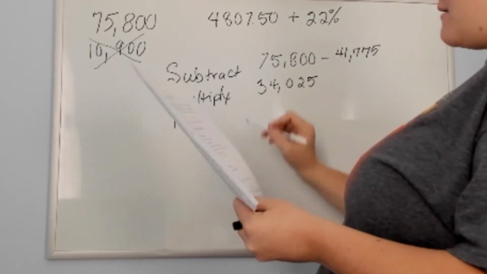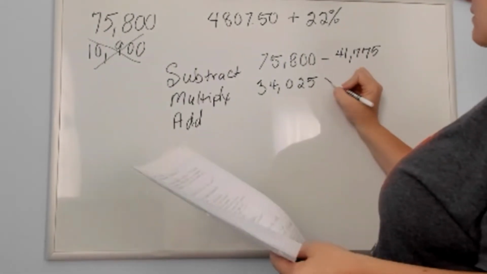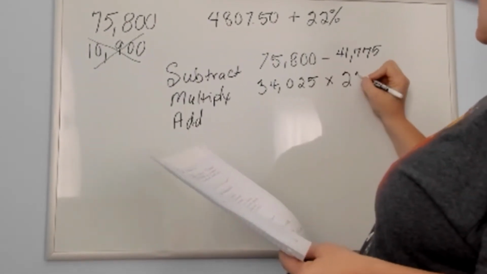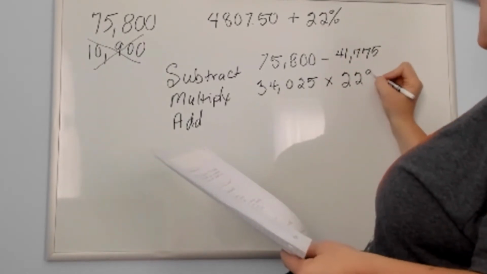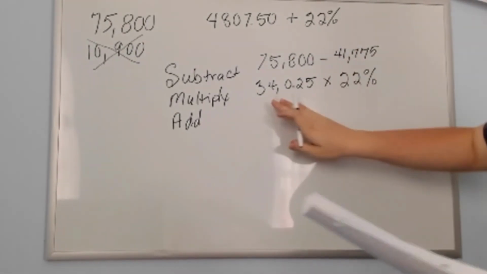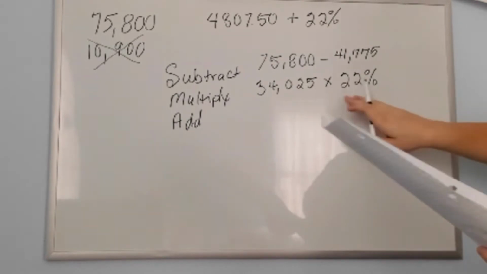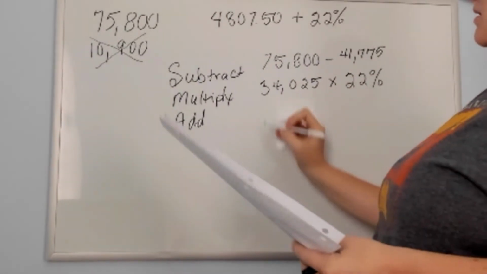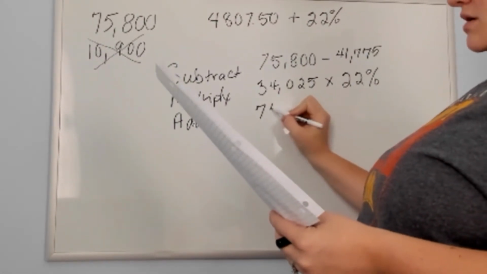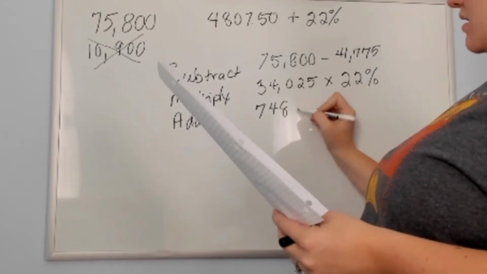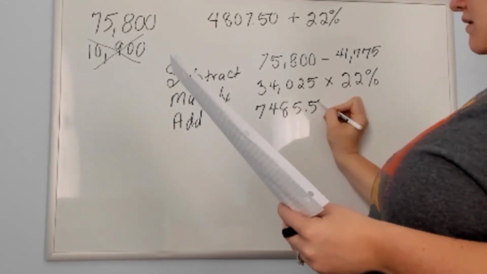Now that's going to give us $34,025. Then we're going to multiply that by the percentage. So you've got $34,025 times the 22%. That's going to give us $7,485.50.